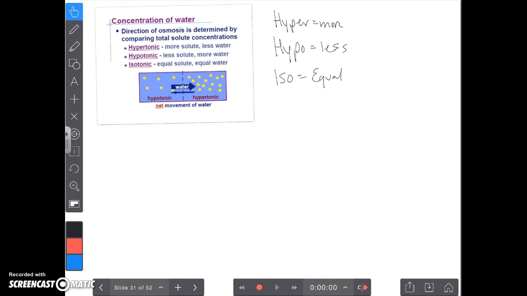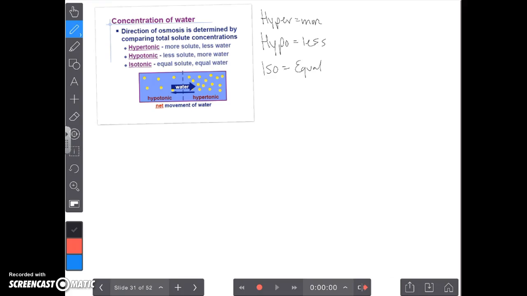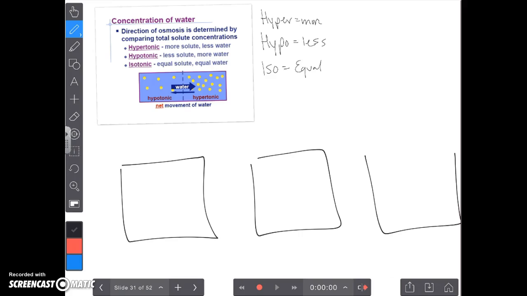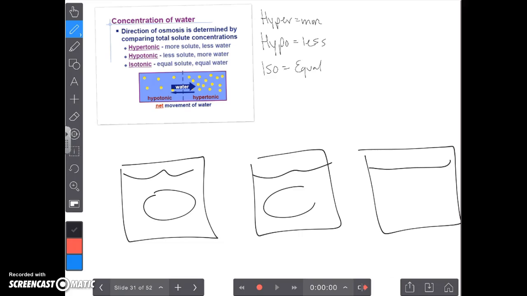Now, in that same sense, they'll utilize those as our structures and components. If I have 3 different solutions, each has a cell in it. This first one has a lot of solutes. I'm going to say these X's refer to sugar.